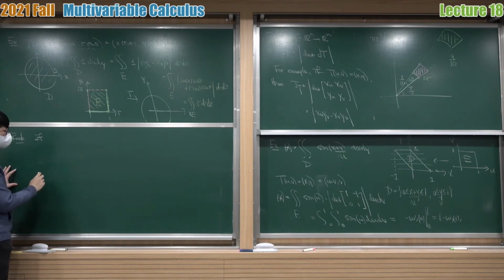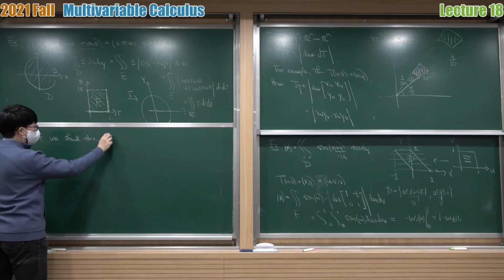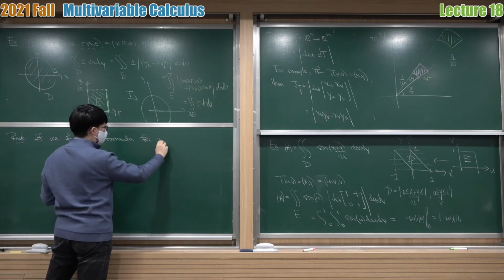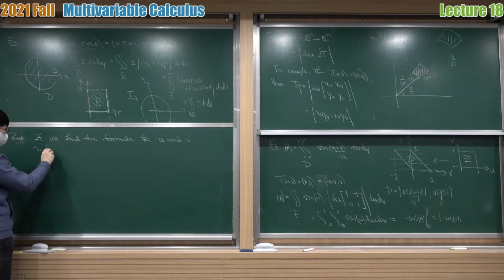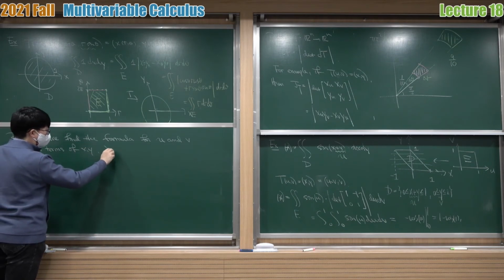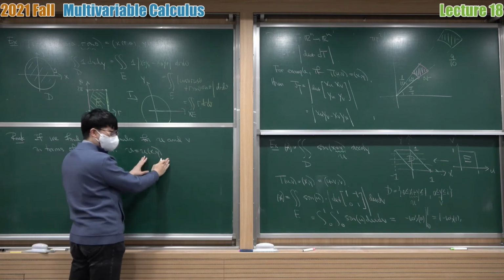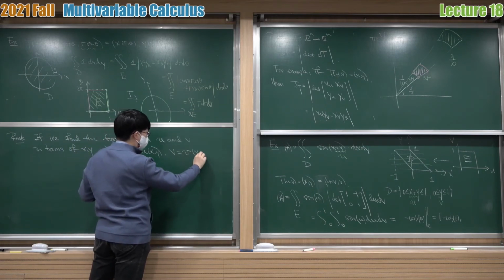If we find the formula for u and v in terms of x and y, that means I know what to substitute. Let's say I want to substitute some formula of x and y by u and some formula of x and y by v.